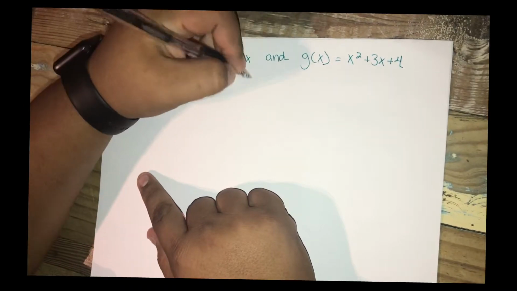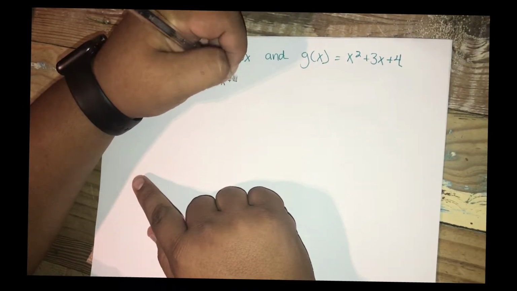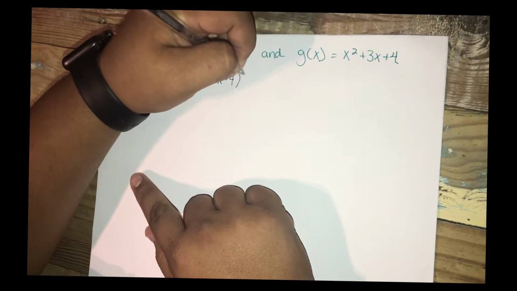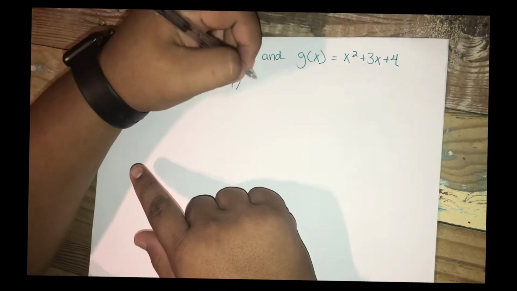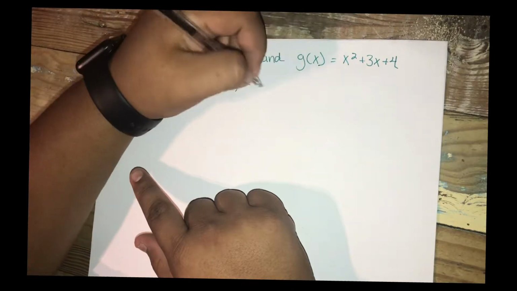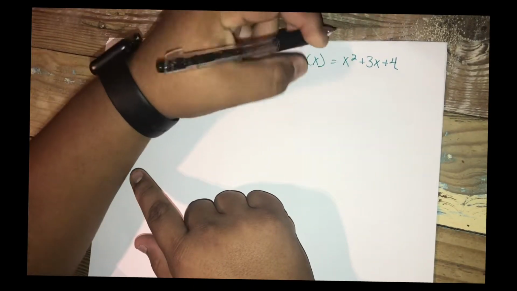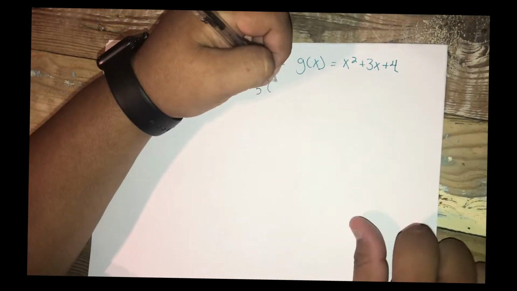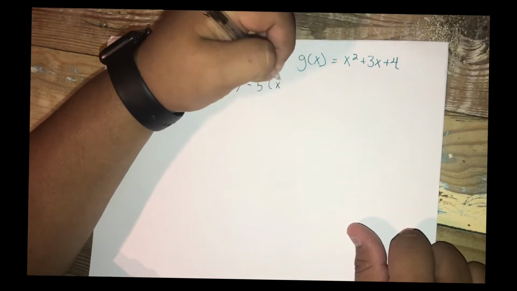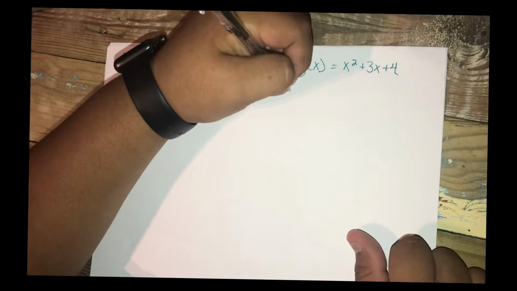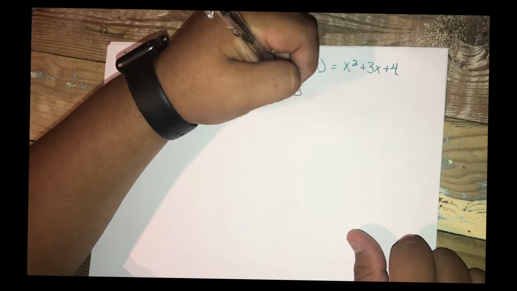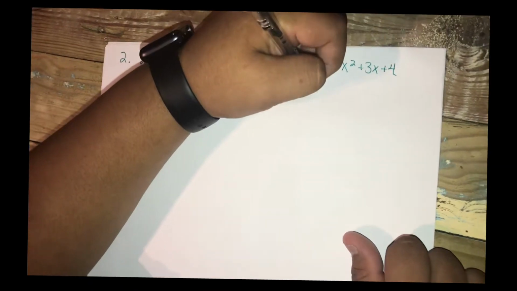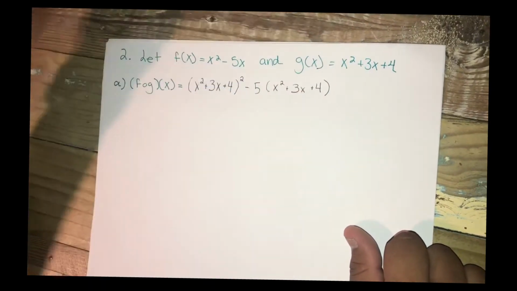So we're going to plug in the g function for every x that the f of x function has. This, of course, means we're going to put the first x squared plus 3x plus 4 in the first one and square that, and then minus 5 and then parentheses x squared plus 3x plus 4 again, as you can see right now.